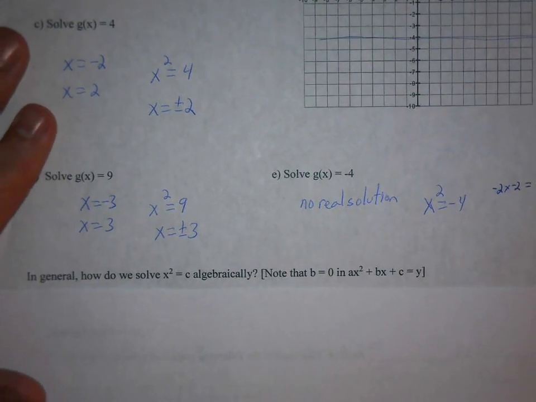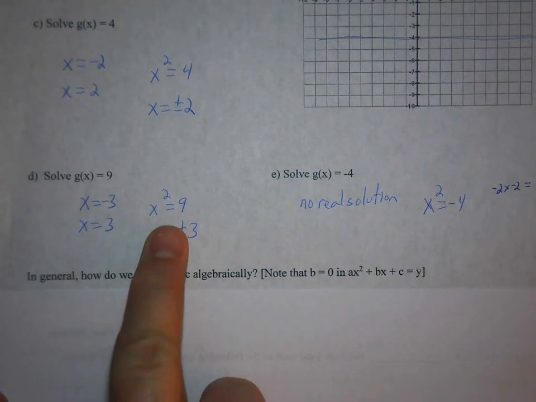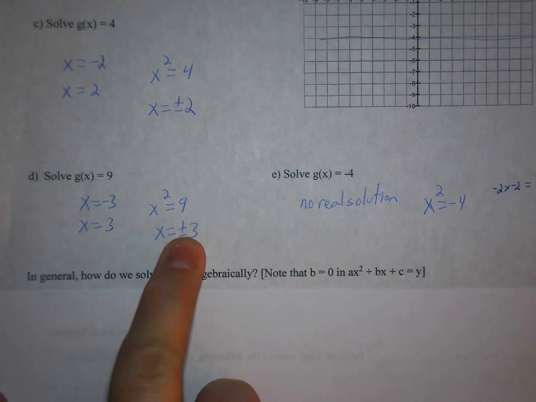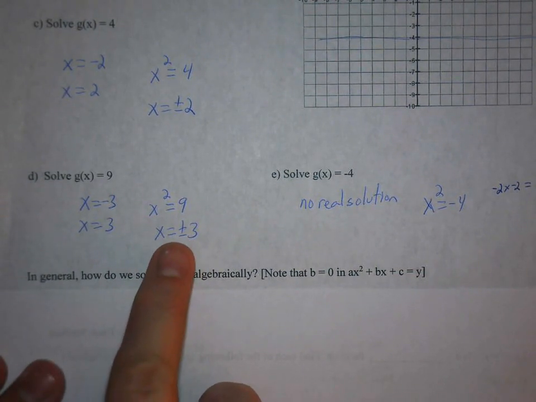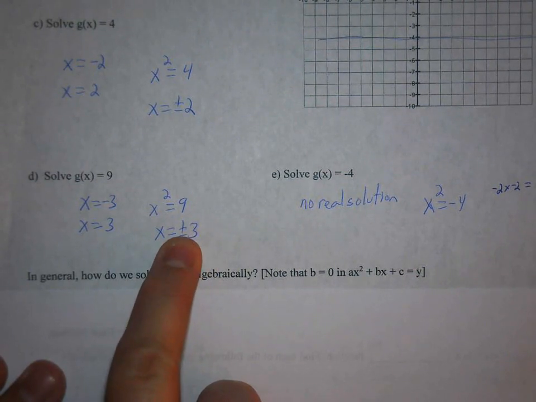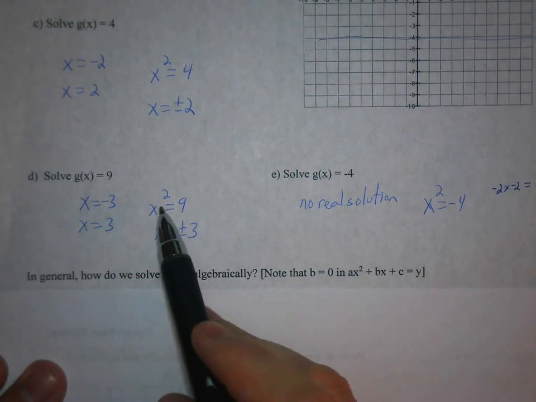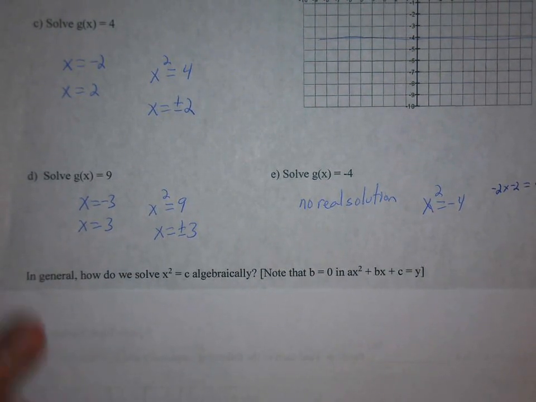So the idea here is, how do we solve these x squared equations algebraically, meaning showing our steps and showing our work? Notice that for x squared equals 9, we get x equals plus or minus 3. Well, 3 squared is 9, and also negative 3 squared is 9. So to undo a squared, you square root.